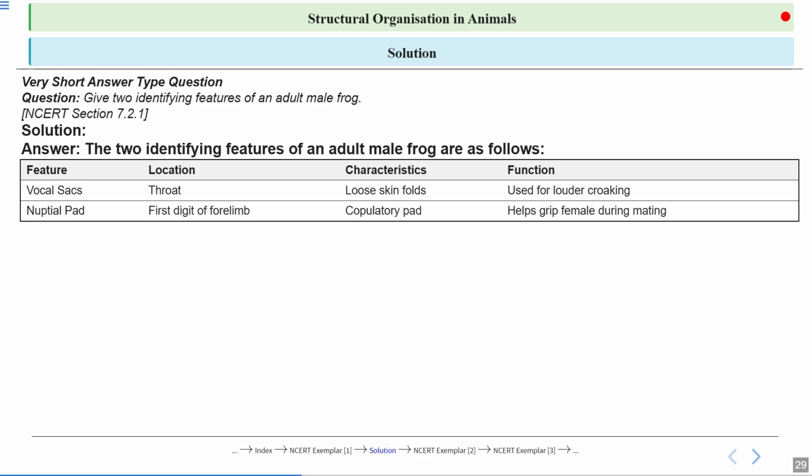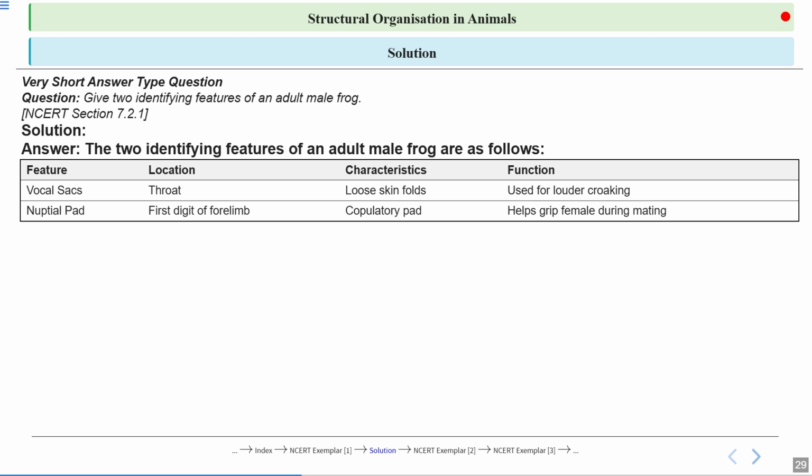Nuptial pads. They are present on the first digit of the forelimb. In the forelimb, how many digits are present? Four digits are present. The first digit will have a swelling or pad-like structure, and that is called the nuptial pad. What is the characteristic? Copulatory pad.